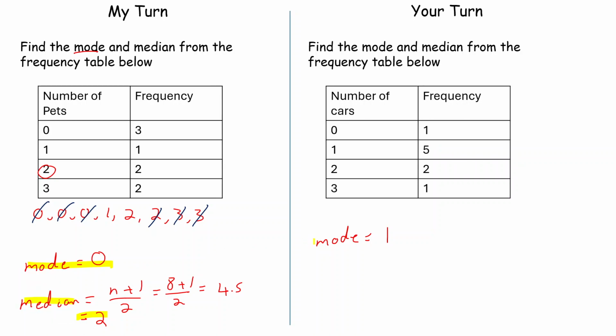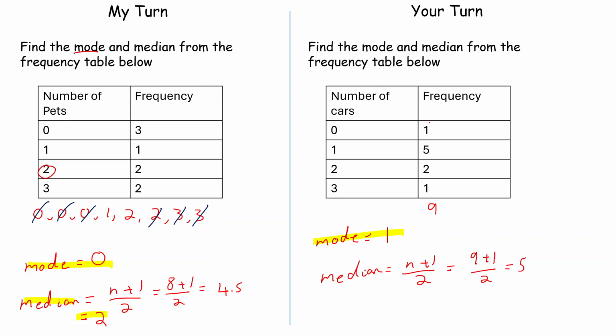Now to get the median, again, we can use our formula, which is n plus 1 over 2, where n is your number of data points, so 1 add 5, which is 6, 7, 8, 9. The total here is 9, it's your total frequency in other words, so it's going to be 9 plus 1 over 2, which is equal to 5, so you're looking for your 5th value.